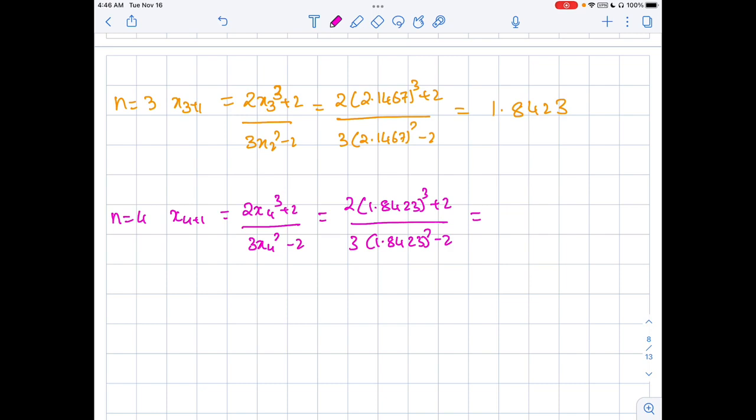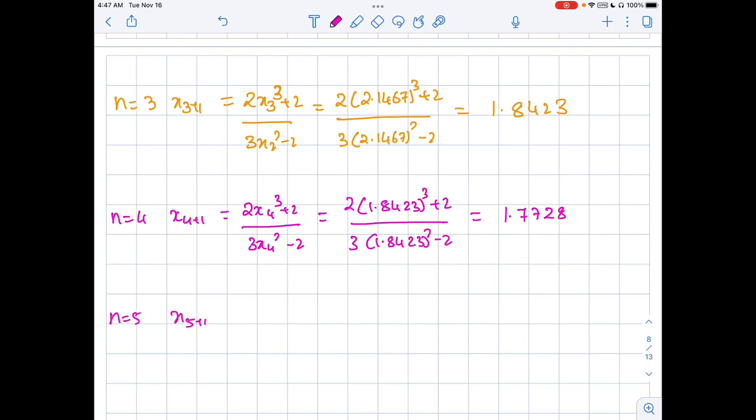So I go back and change in that calculator 1.8423 both in the numerator and denominator. This value 1.8423 has to be changed. So I get 1.7728. Now I will try one more time.